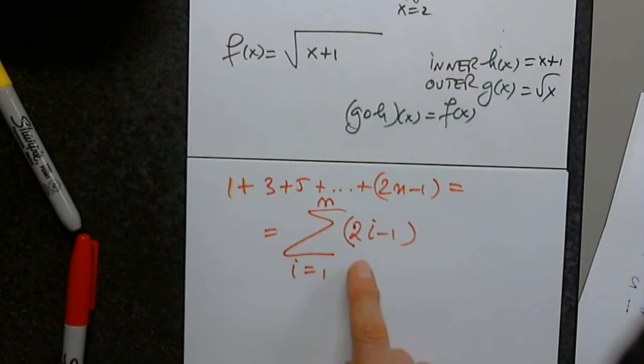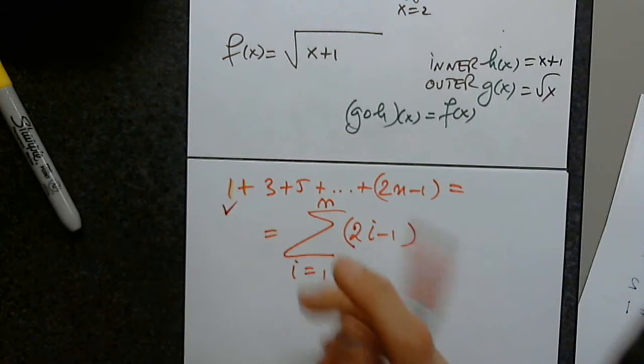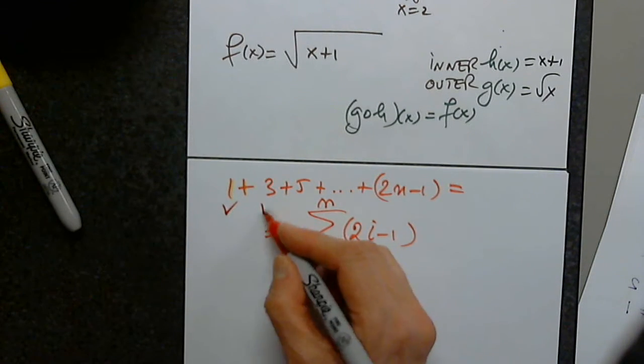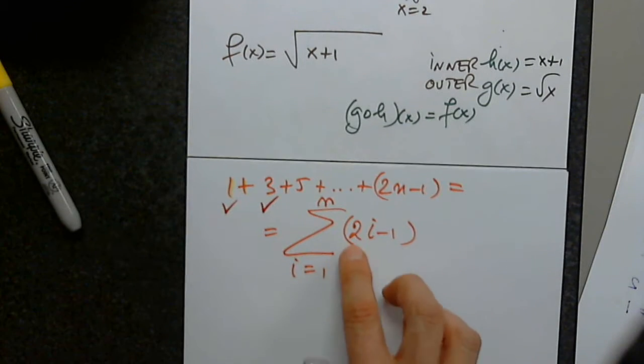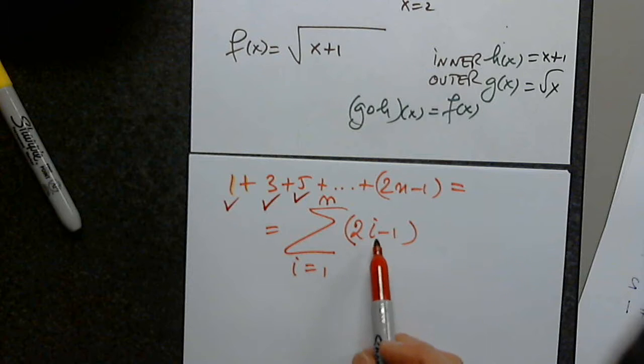When i is 1, 2 times 1 minus 1 is 1. When i is 2, 2 times 2 is 4 minus 1 is 3. When i is 3, 2 times 3 is 6 minus 1 is 5. When i is n, 2 times n minus 1. Good. Anything else from this test?